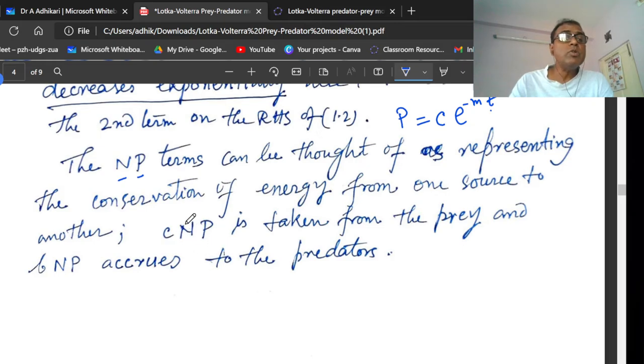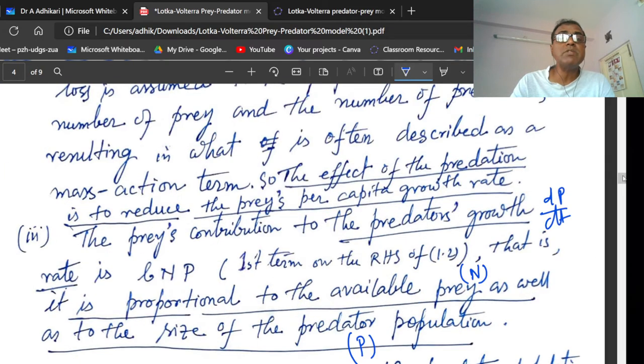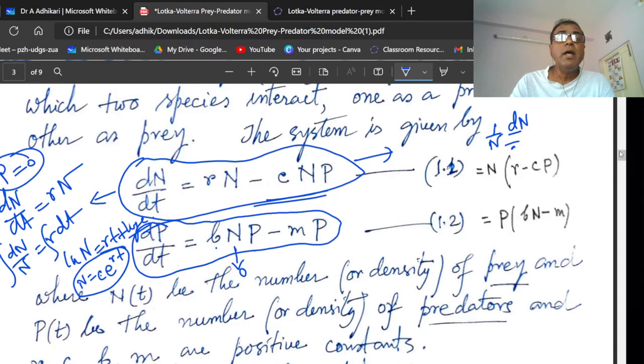In the first equation for the prey's growth, dN/dt, this CNP term, due to the negative sign, has a negative effect on the growth of the prey.